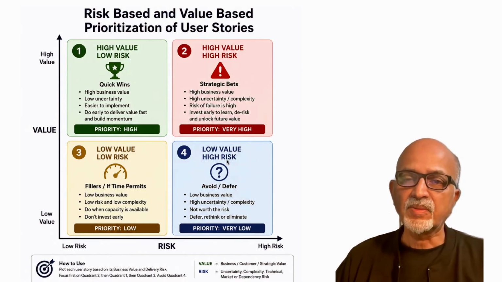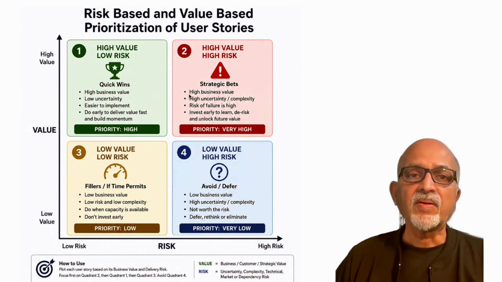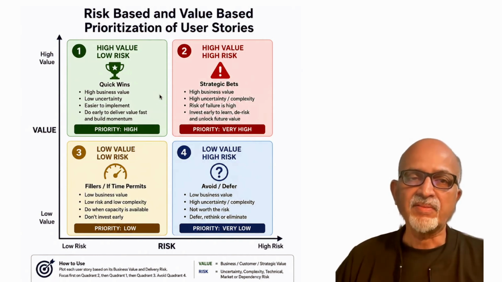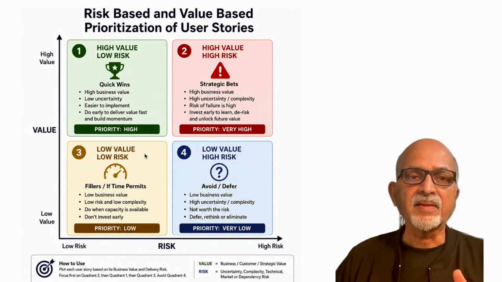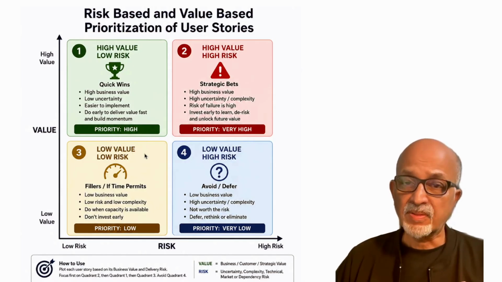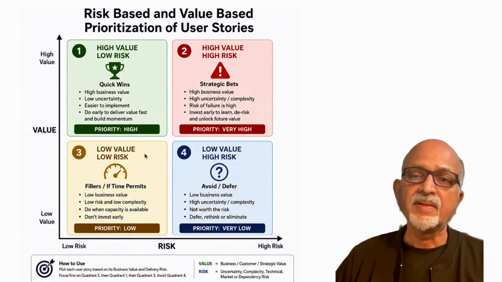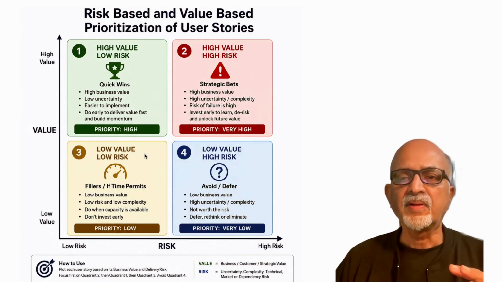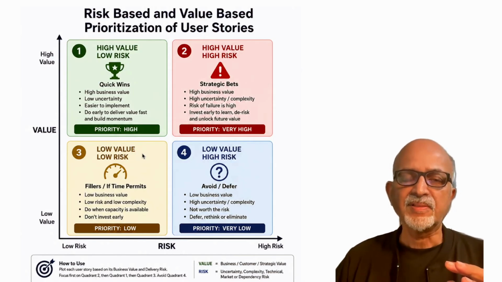They are not delivering much value. So, top priority for high value, high risk, next priority for high value, low risk. Or in a sprint, you take a mix of these two when we plan for the sprint, and low value, low risk, next priority. So this is a good framework for prioritizing the features.